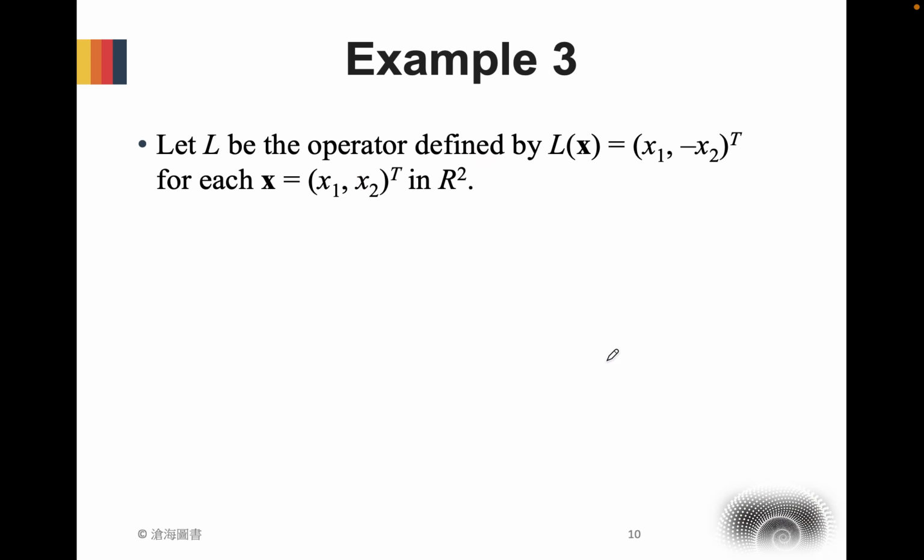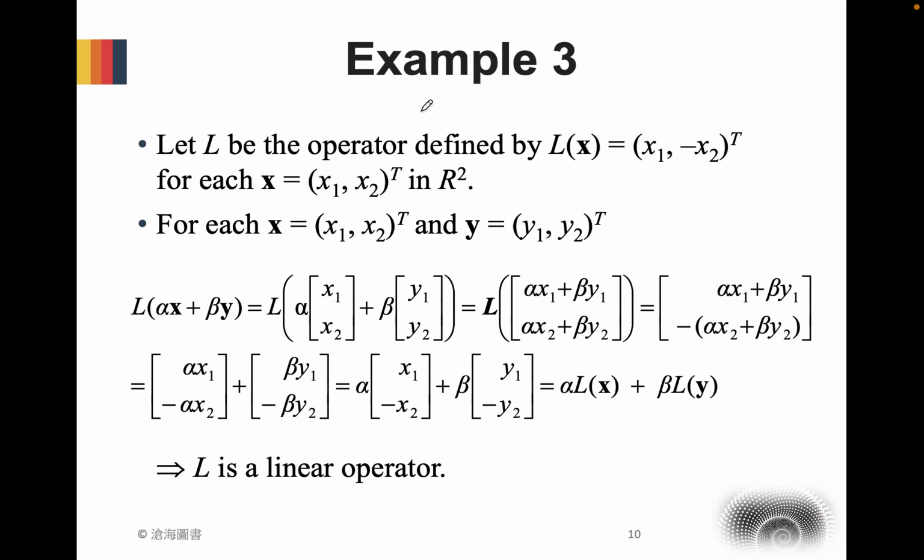Example number 3. Let L be the operator defined by Lx is equal to (x1, negative x2) by giving any two-dimensional vector. Okay? So, if x is equal to (x1, x2), y is equal to (y1, y2), let's check if we input alpha x plus beta y, then it becomes alpha (x1, x2) plus beta (y1, y2).